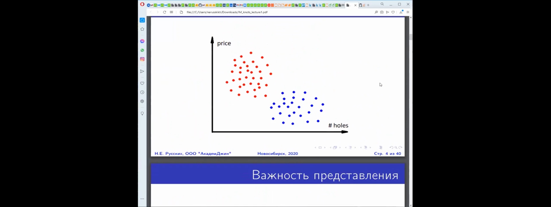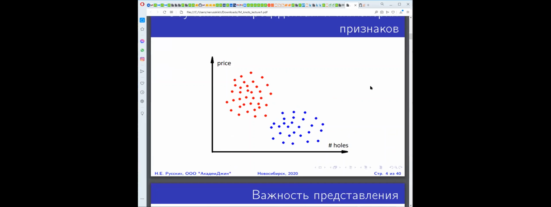Sorry if I'm jumping all over my presentation. Here we could just draw a linear decision boundary, or even multiple. How we choose one from multiple is a different story. And if we want to classify a new sample, we could just put it on that two-dimensional plane according to its features, price and number of holes.